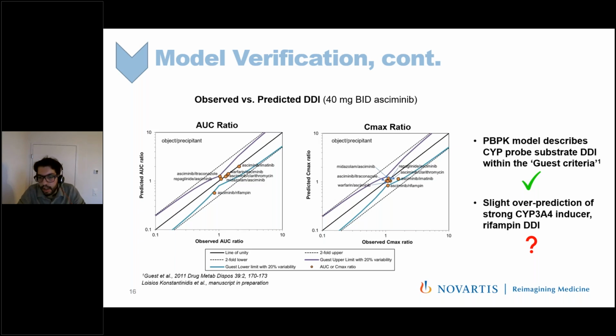As you can see, the model was able to capture all the drug-drug interaction studies within the criteria, with a slight overprediction of the strong CYP3A inducer effect with rifampicin, which I also mentioned before.